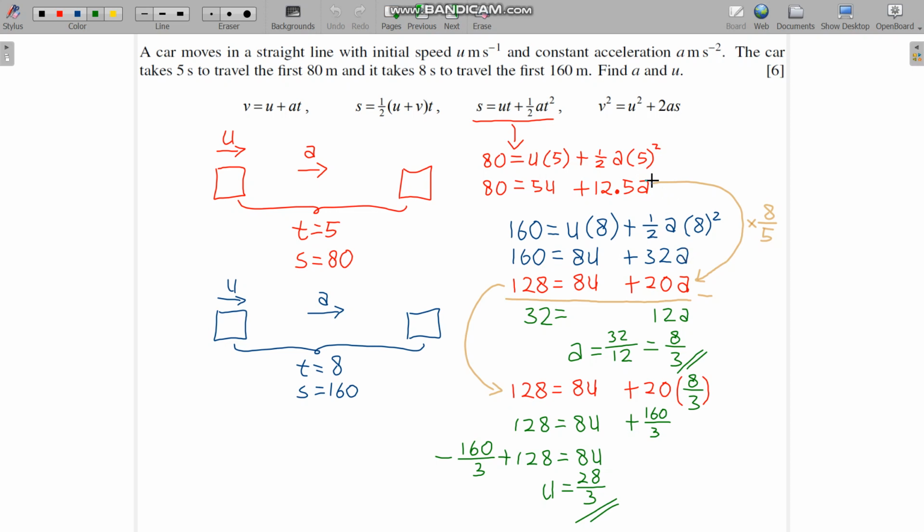Here we eliminate, multiplying the equation here by 8 over 5 so that we get 8u here. We can eliminate 8u, and after subtracting we can find the value of a. After we find a, we can use any of the equations to find u. Here we're using this, replace the a, find the u.